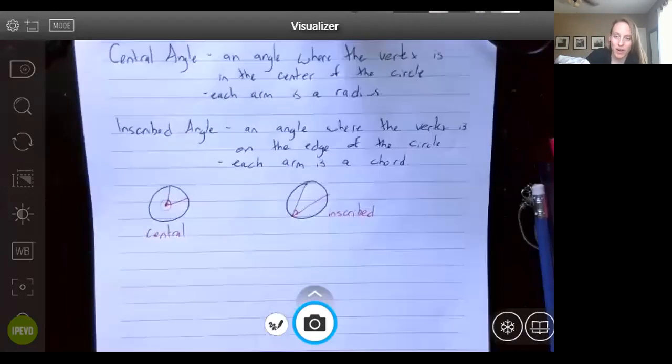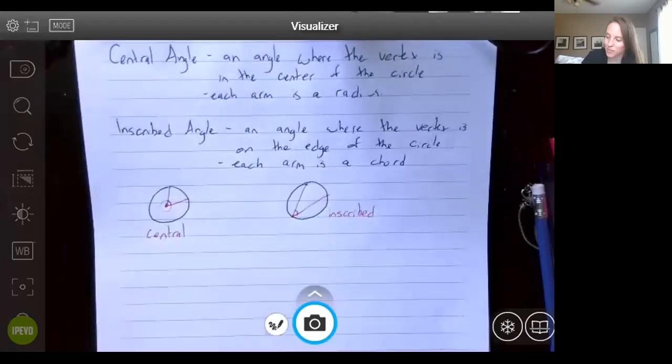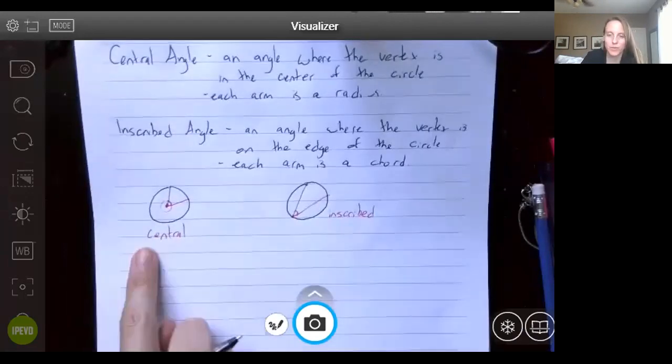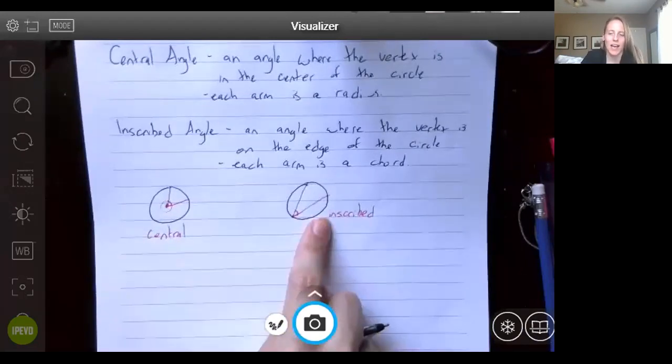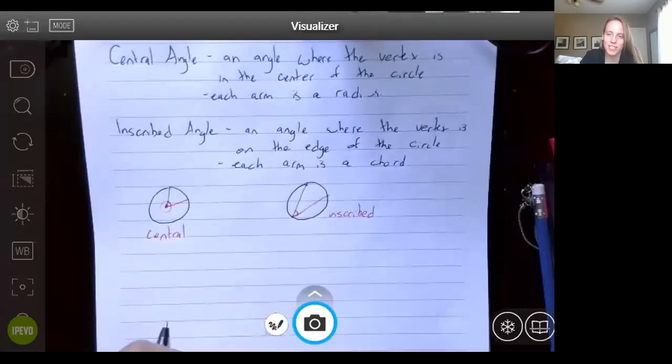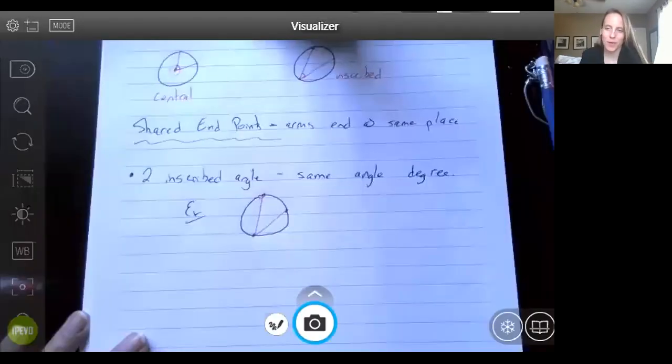The important part to note is that when you have 2, like a central and an inscribed angle, there are some calculations that you can do with them as long as they share the same endpoints. So when I say shared endpoints, what I mean is that the arms end in the same place on the edge of the circle.